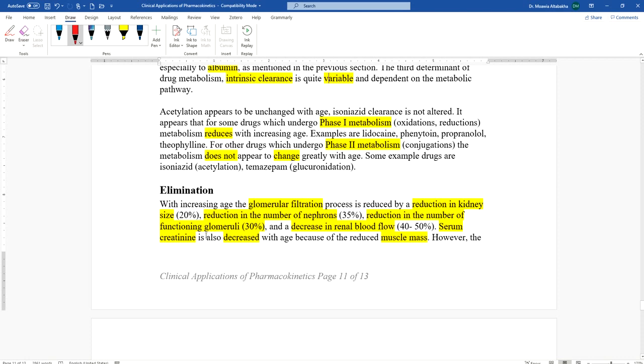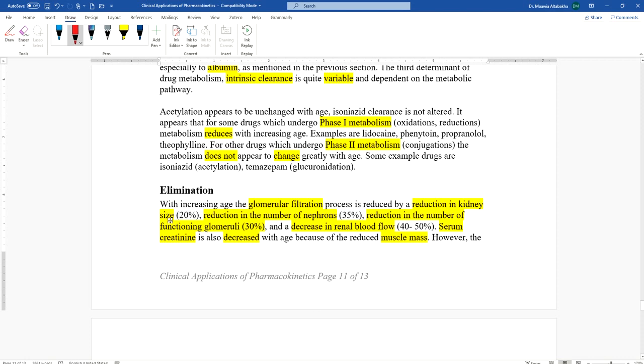Of course, what do you expect? Since renal clearance is reduced, you expect serum creatinine will increase, because now the creatinine is not getting out easily.